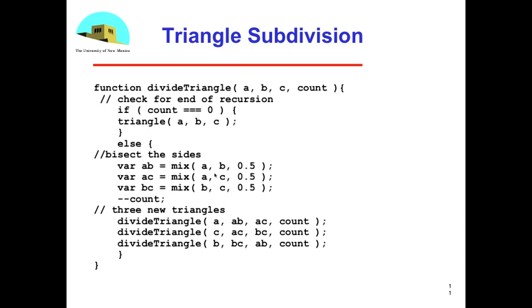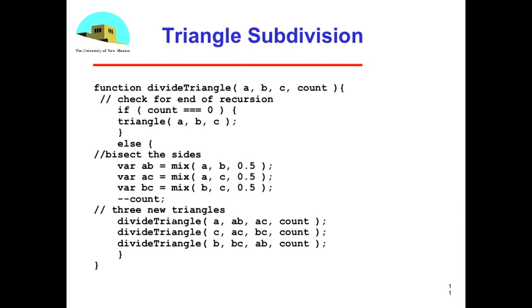Mix just gives me a linear combination of A and B, where it gives me this factor times A plus 1 minus the factor times B. So eventually it's going along this convex line between A and B. So we use the mix function to do that. This is really just giving me the point halfway between A and B, the point halfway between A and C, and the point halfway between B and C.